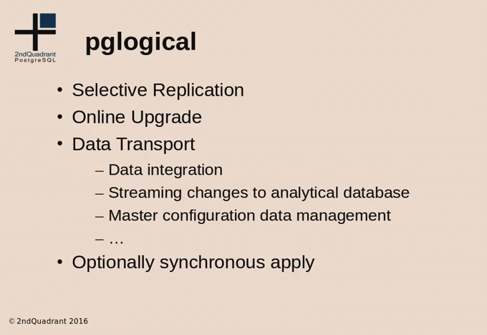So the goals for the project of PGLogical were, A, to provide selective replication so that you can replicate just part of your database. B, a way to do online upgrades, so replicating between different major versions of Postgres, mainly from lower version to higher version, even though the other way is also supported, but it's not the main goal of that.